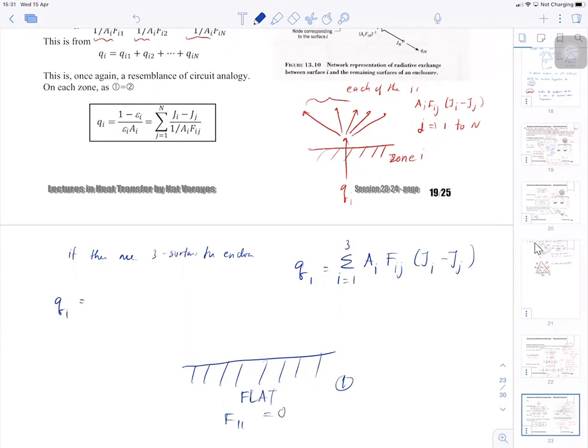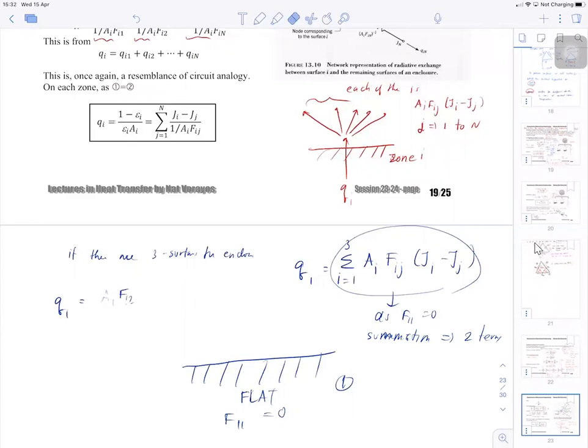So instead of 3 terms, as F11 is equal to 0, this summation is going to have 2 terms, which is going to be A1, F12.